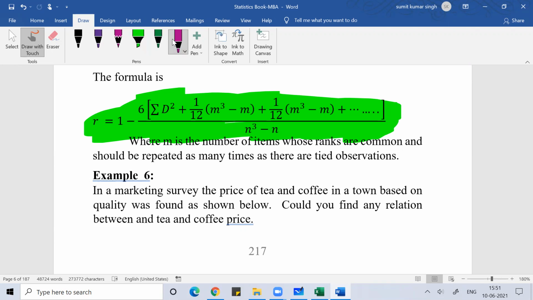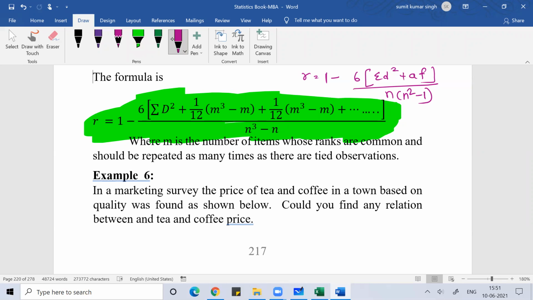The same thing I told you: the formula is R equal to 1 minus 6 times [sum of d square plus adjustment factor], divided by n into n square minus 1. Now the adjustment factor I have not put in together with everything else. If I put everything together, you'll get scared and think that sir is doing some nuclear physics.